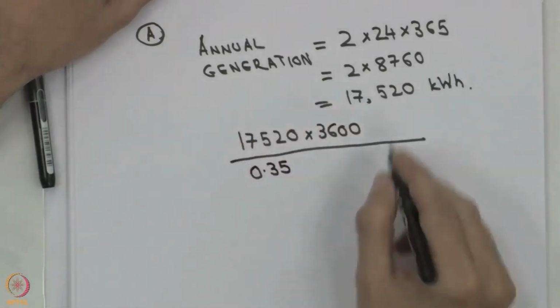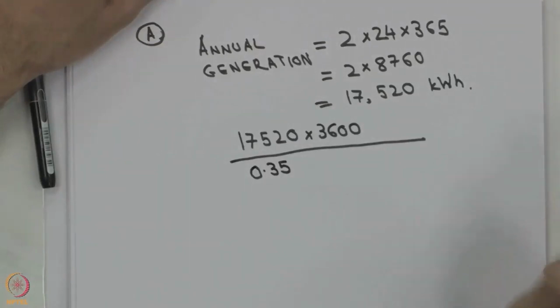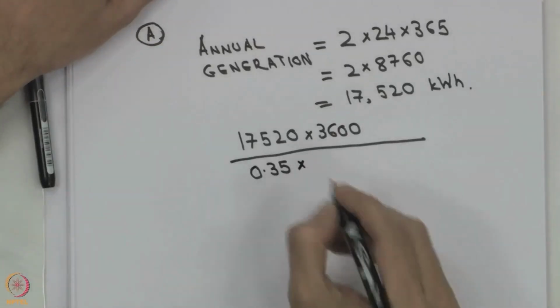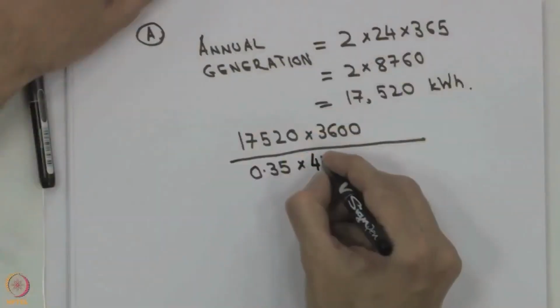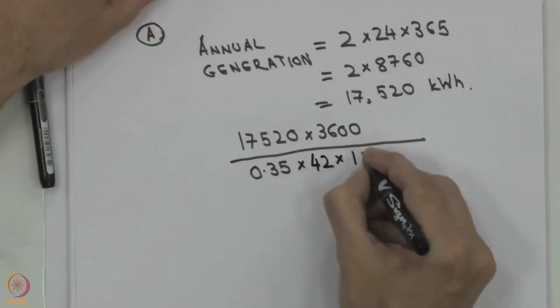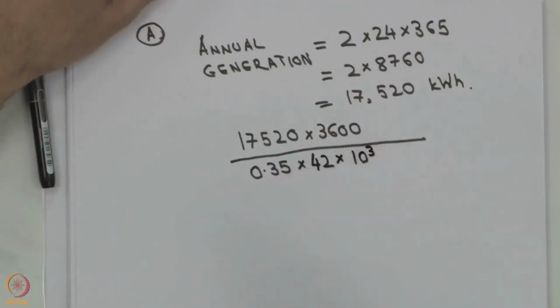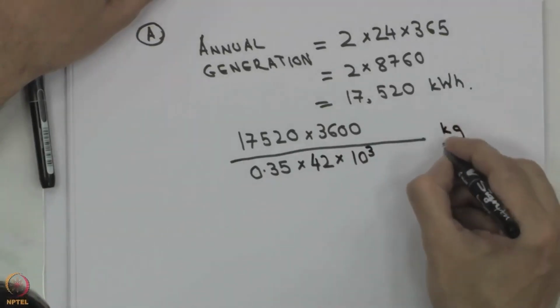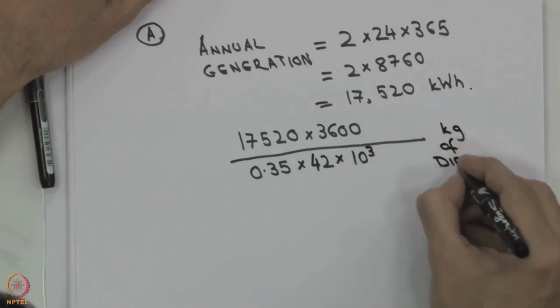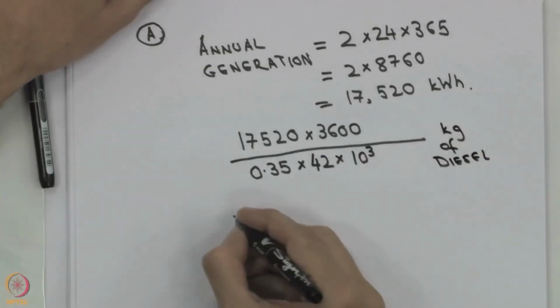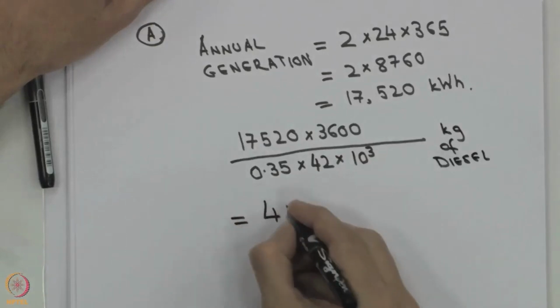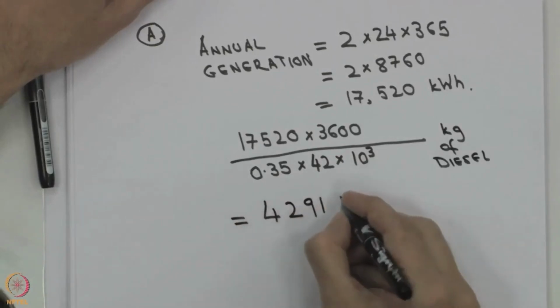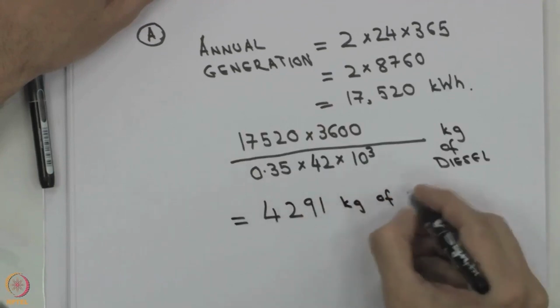Now, this is the energy input in kilojoules. Now, remember, every kg of diesel has a net calorific value of 42 megajoules. 42 megajoules means 42 into 10 raised to 3, 42,000 kilojoules. So, now this is in kg of diesel. You can calculate this and you will find that this turns out to be 4,291 kg of diesel per year.